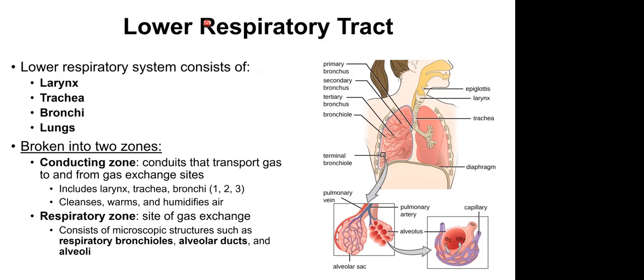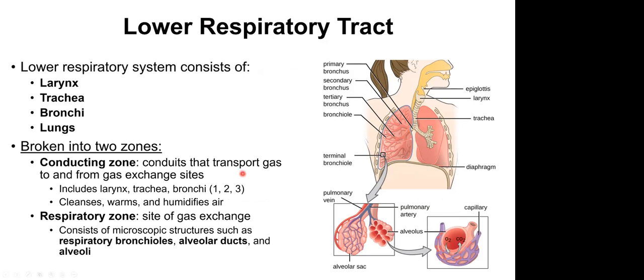Okay, so as a reminder, the lower respiratory tract is going to include the larynx, the trachea, the bronchi and all of their branches, and then also the lungs. And so we actually break the lower respiratory tract into two zones, based on function.